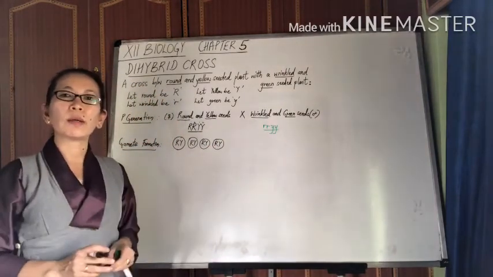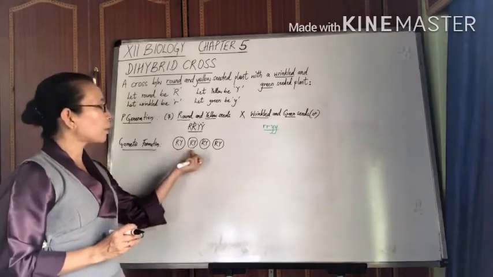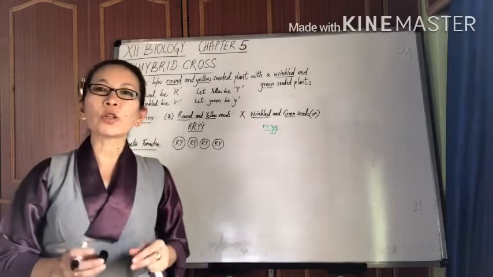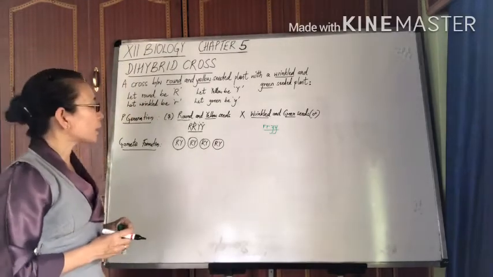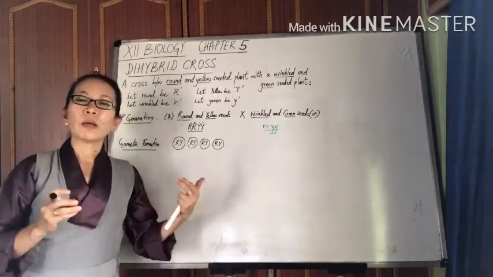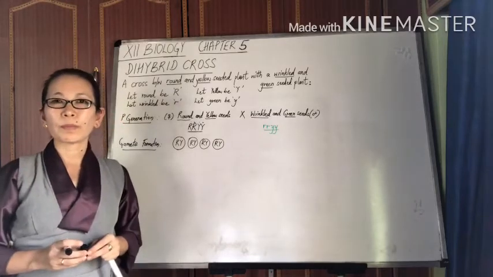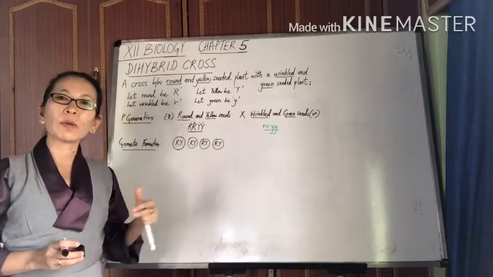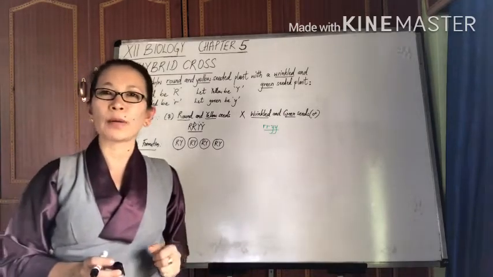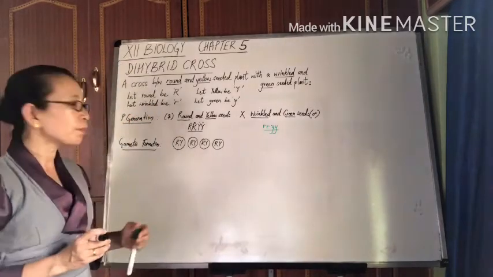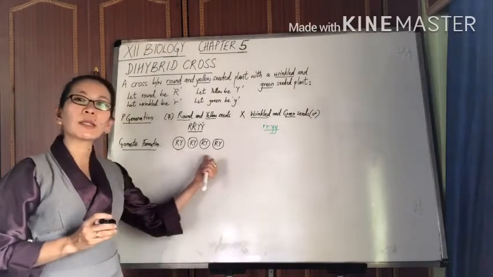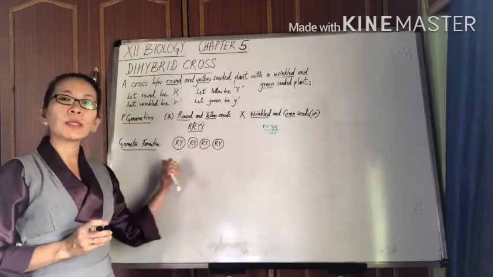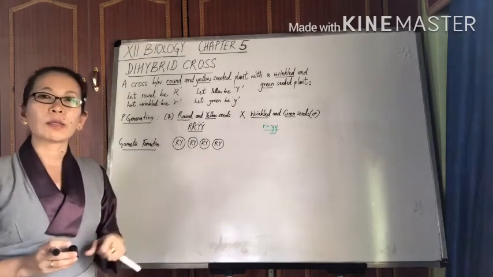But what you see here is, even though we have 4 possible gametes, each of these gametes has the same genotype, because the parents are true breeding. Whenever we have true breeding or homozygous parents, we get identical gametes. So we have 4 possible gametes from the females, but they are all identical.